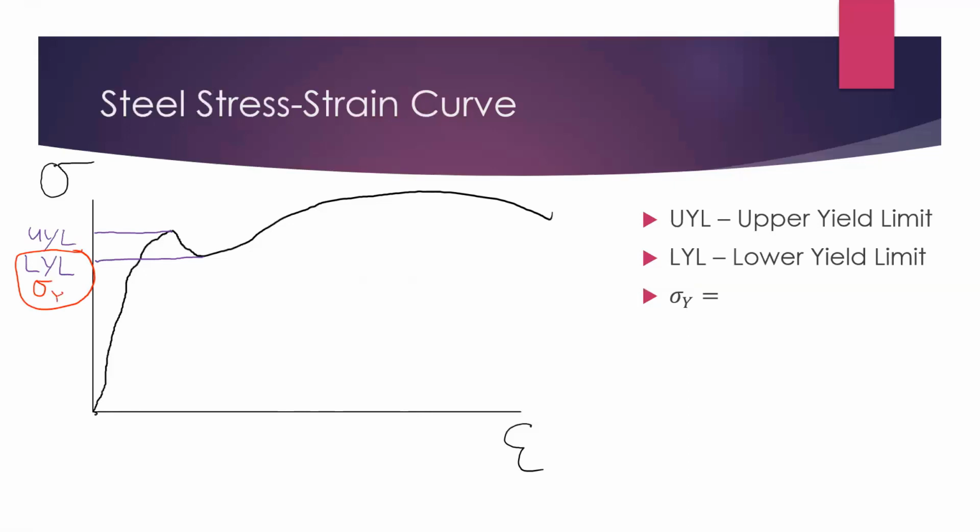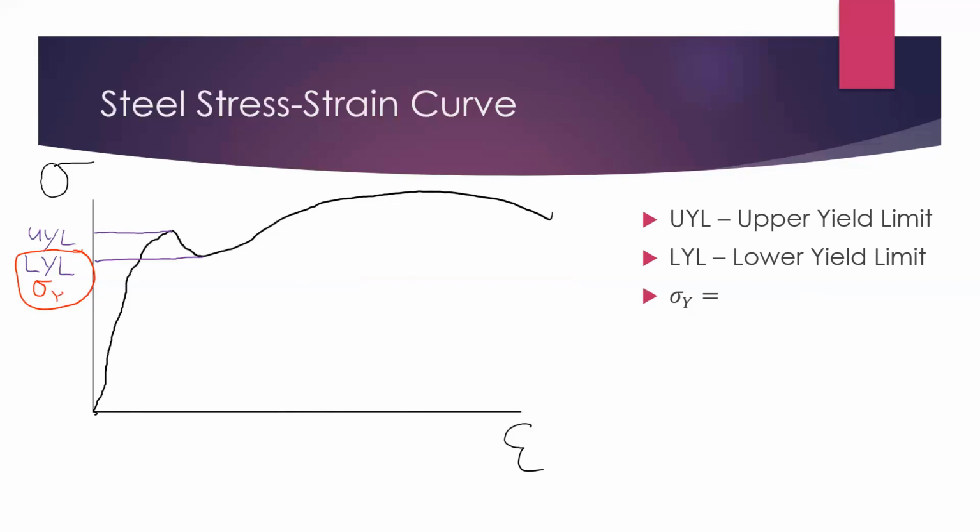So I'm not talking about the normal stress in the Y direction. I am instead talking about the normal stress at which the material starts yielding. That's equivalent to your lower yield limit. It's also essentially where that material stops being linear.